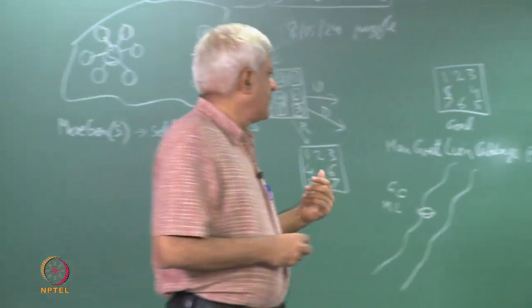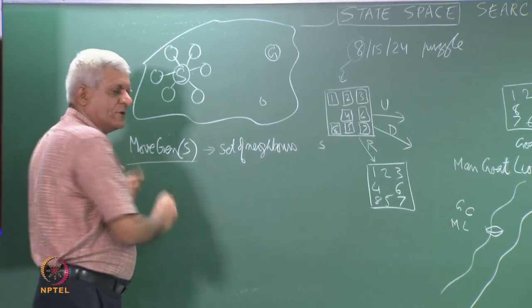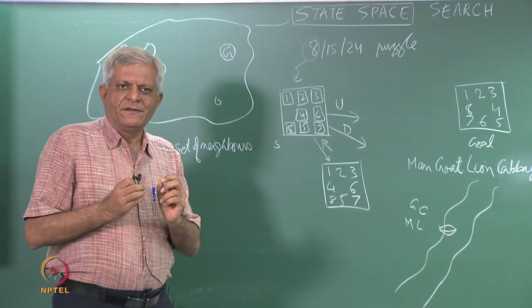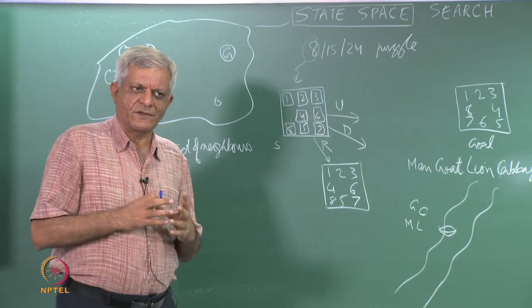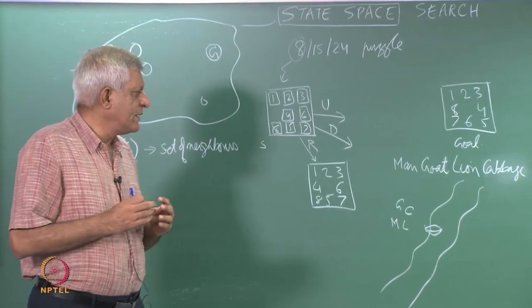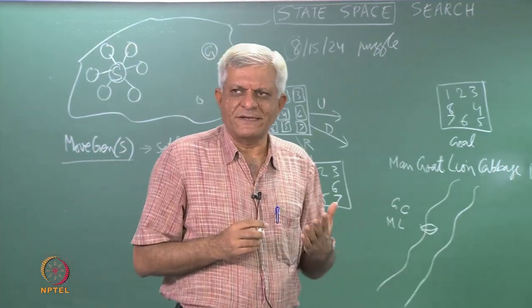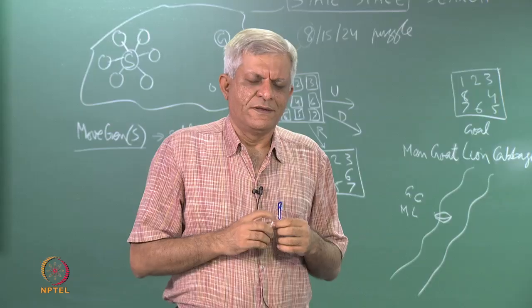In our case, the first thing is to design a move gen function for the domain, which says that given a state, this function should tell me what the neighboring states are, or should return the set of neighboring states to me essentially. And obviously, when I say given a state, I mean there is some representation of the state that you have to be concerned with essentially.